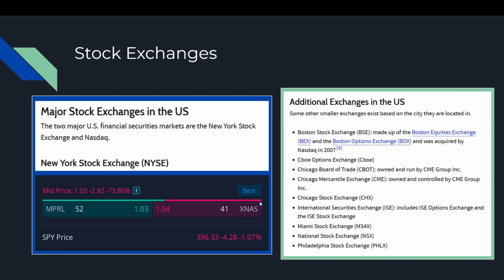So this 41 XNAS, this is the NASDAQ's ticker, which is the second major stock exchange. XNAS stands for NASDAQ. MPRL is just a minor one. It's not on the secondary list over here. My guess is this is probably somewhere in Miami because it starts with an M. Could also be Paris, Rio, any of those. These are telling you where you're buying your shares from, where the best available bid and ask are.